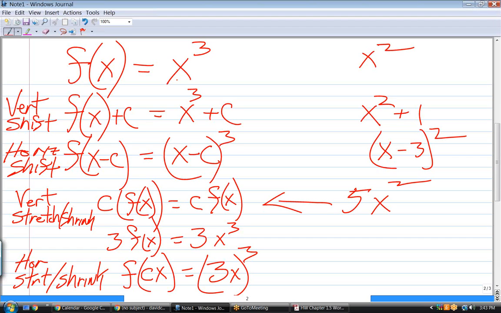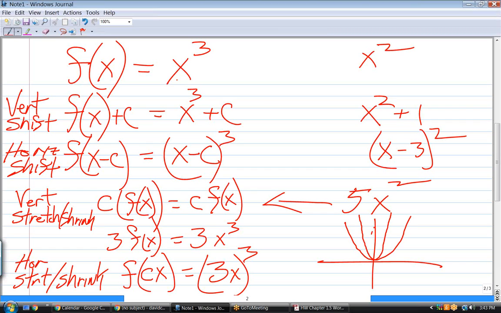So this is a vertical stretch. If I'm going to plot that, instead of looking like x squared, it's going to stretch it, make it skinnier by a factor of 5. So when you have vertical stretches or shrinks, it does change the shape of the graph.